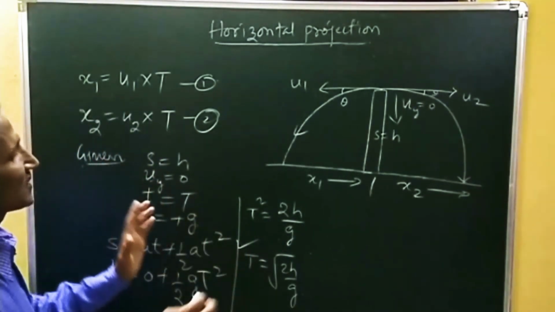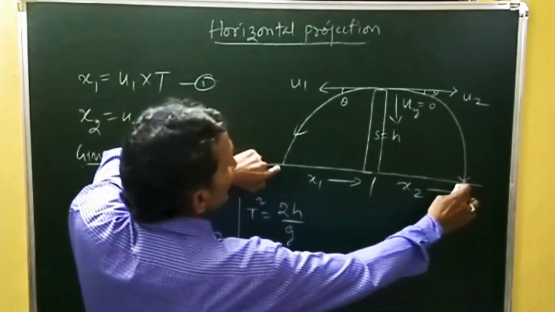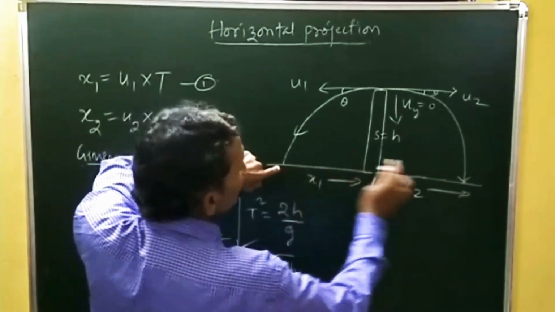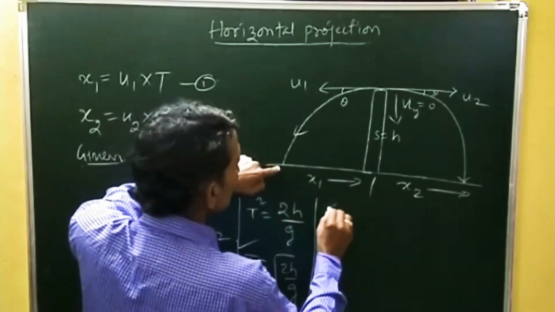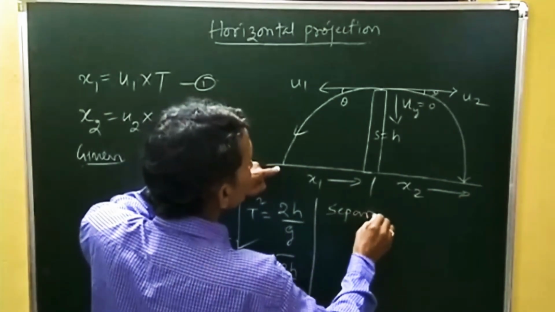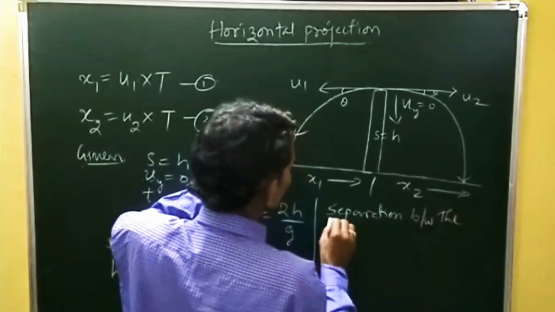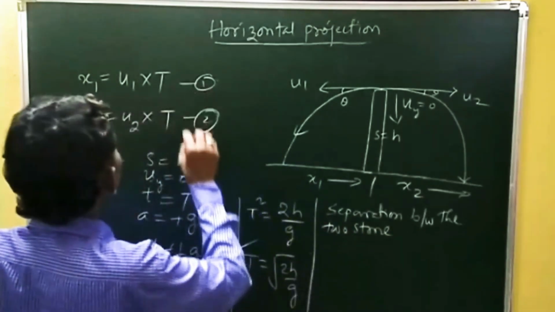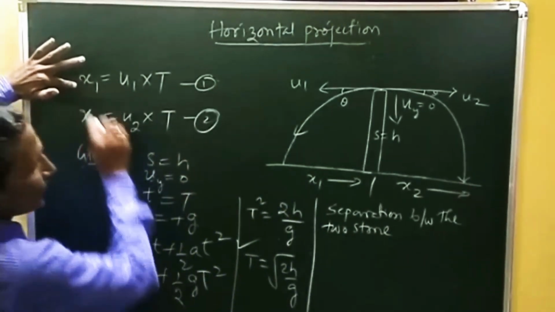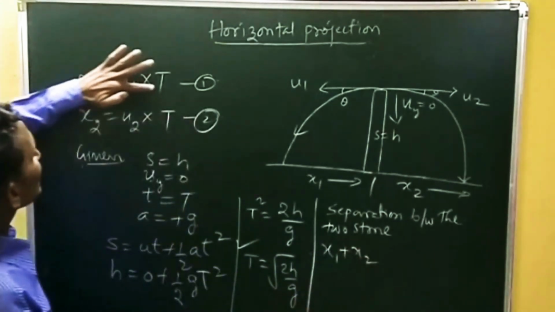Taking that, what is the separation between these two stones? From here to here, we want to calculate the separation of the two stones. Just add up the two equations: x1 plus x2. What is the common term here?